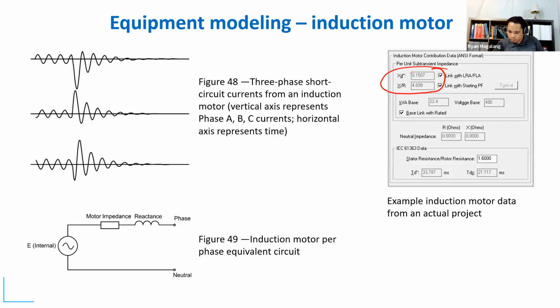So this is SKM. And in ETAP, there is more information. They would show the XD double prime and the XD prime. Or that may be for the synchronous motor.